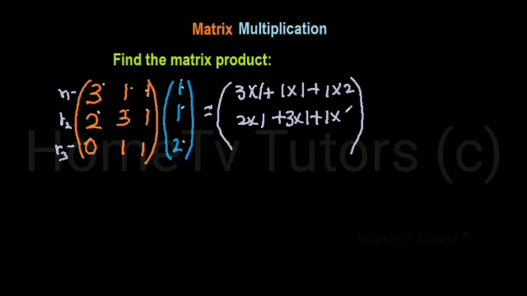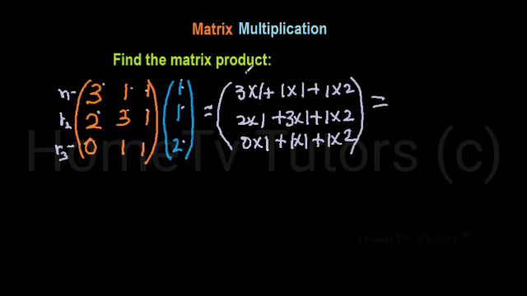Okay, then you come to the last row, 0 times 1, then plus 1 times 1, then the last element, 1 times 2. So now let us work this out.